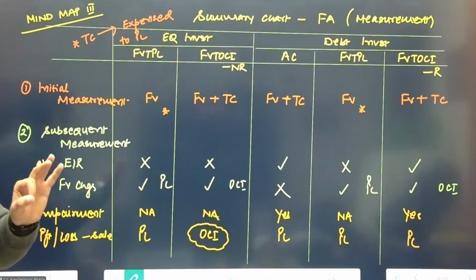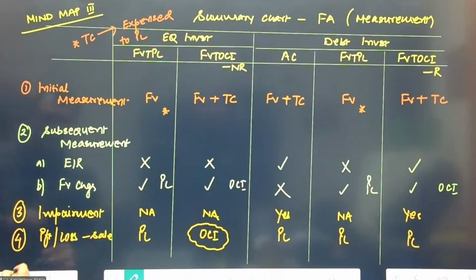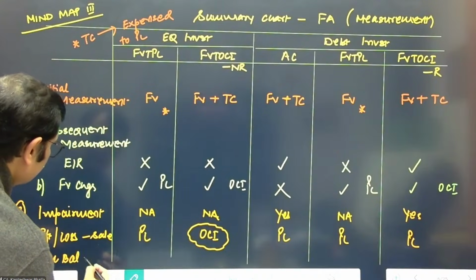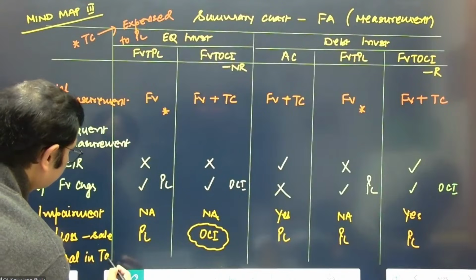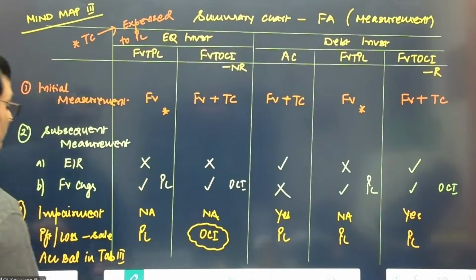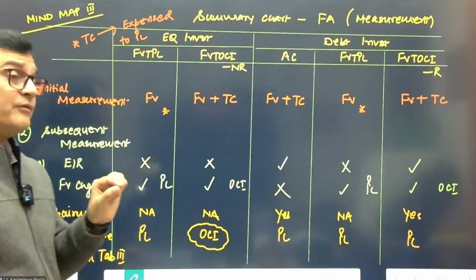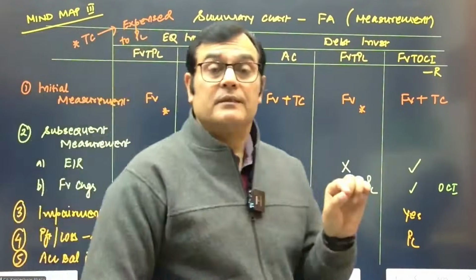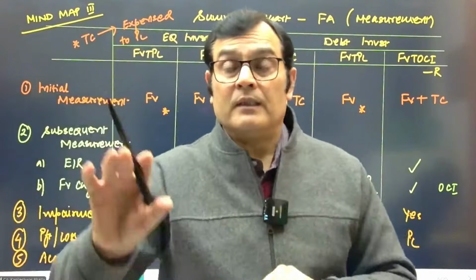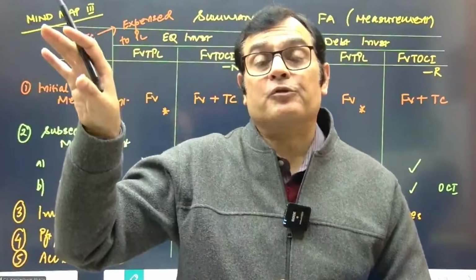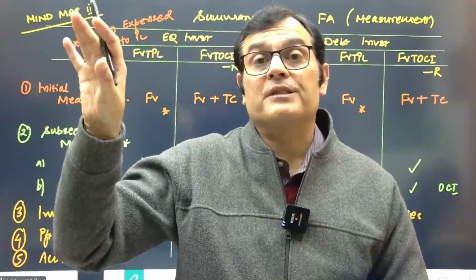And I think let's also add another piece of input, that you will get some accumulated balance in OCI, that is in tab number 3. We need to understand where you are going to put that money in tab number 3. Because whenever you consider the amount in other comprehensive income, it goes in the statement of changes in equity in tab number 3, which is other comprehensive income.